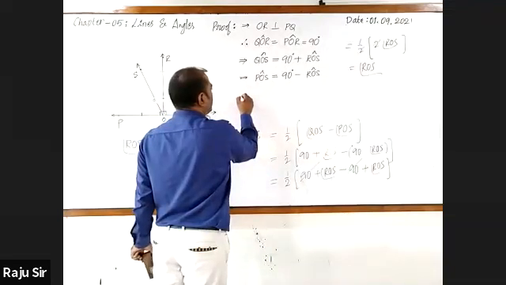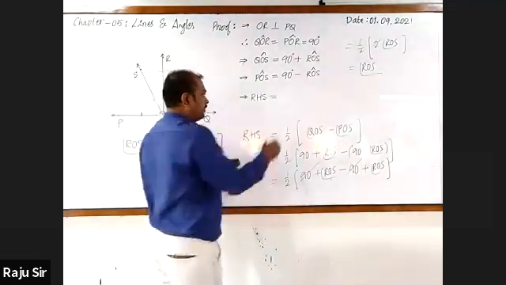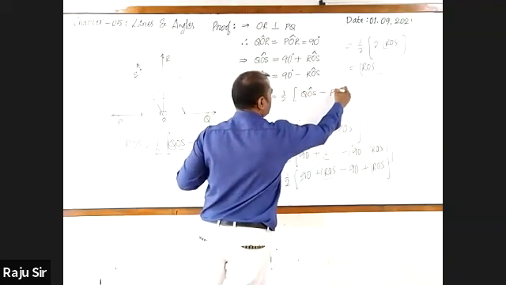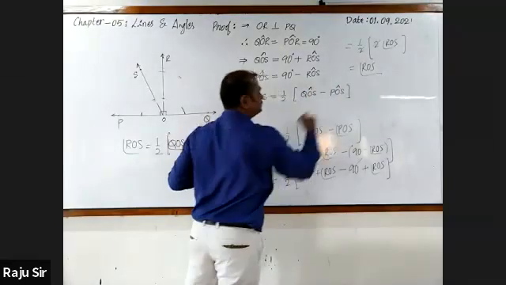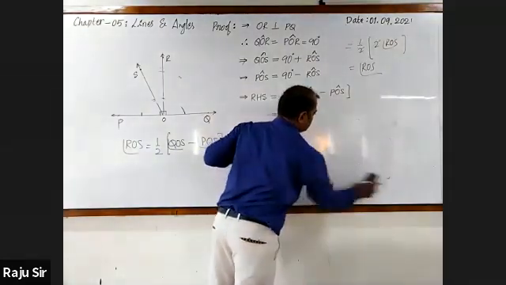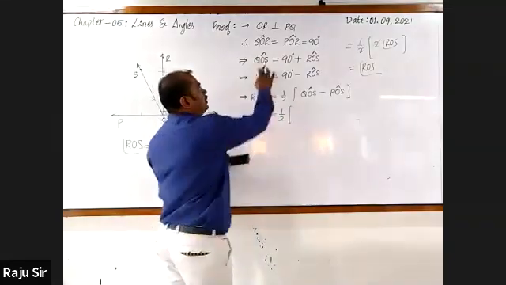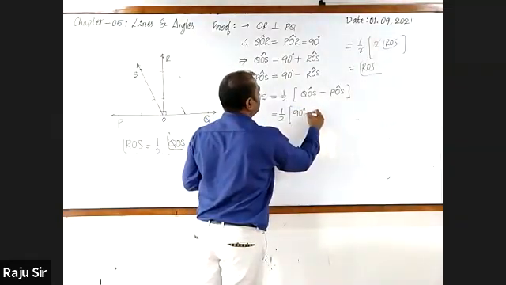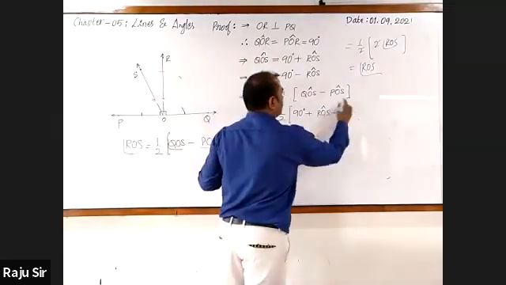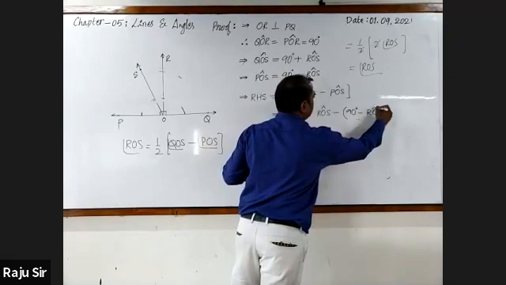Then write the RHS part, where RHS part is half into QOS minus angle POS, which is equal to, now you may substitute, half into, where QOS is 90 degrees plus angle ROS, minus angle POS, which is 90 degrees minus ROS.